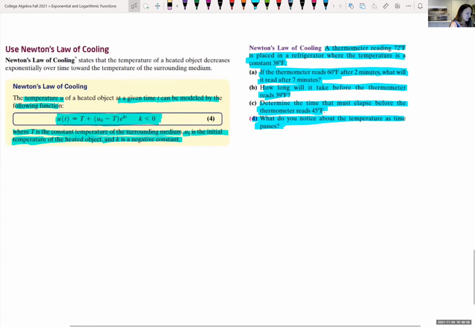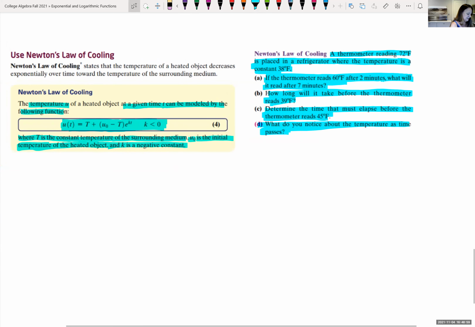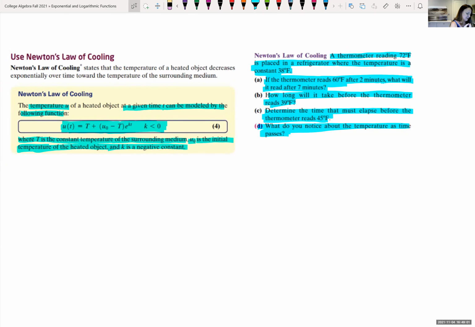Okay, so our original temperature was 72 degrees. Where T is the constant temperature of the surrounding medium, U sub 0 is the initial temperature. So our initial temperature is 72 degrees. Our capital T is 38 degrees. Capital T is the constant temperature, and we're putting it in the fridge at a constant temperature of 38 degrees.